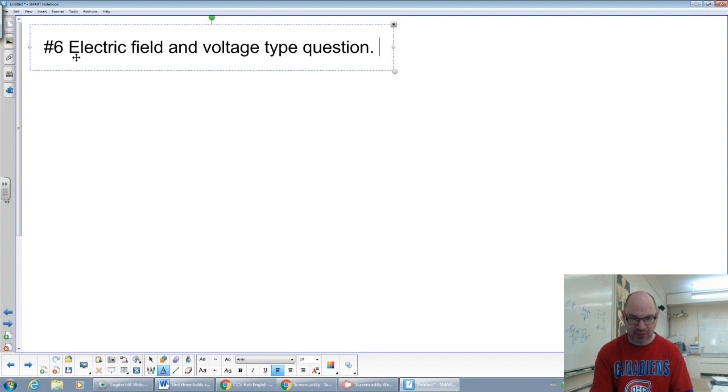It'll be a two-parter, just like on the assignment as well. It's not as big. It's only 3 points. These are fairly simple. The whole thing is fairly simple, actually.